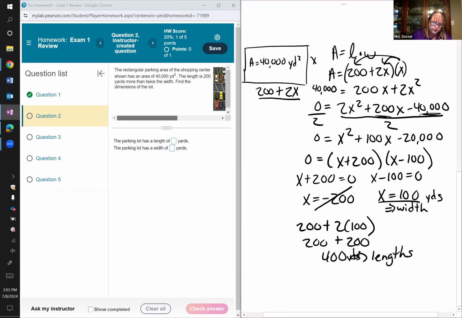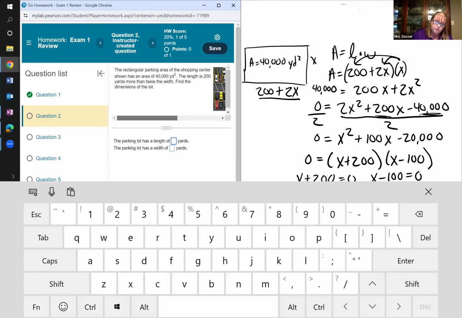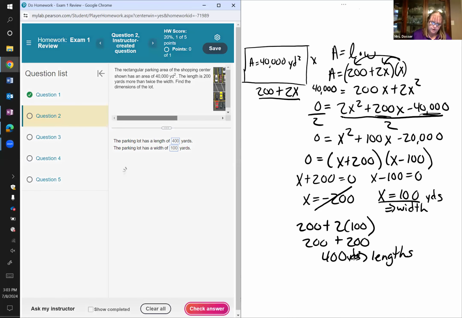And so be careful when entering those. Notice it asked for the length first, and it told us that the length was 200 more than twice the width. So the length is the longer one. It's the one we just found to be 400. And then the width was what we called x, and we found x to be 100. And so there are our answers.